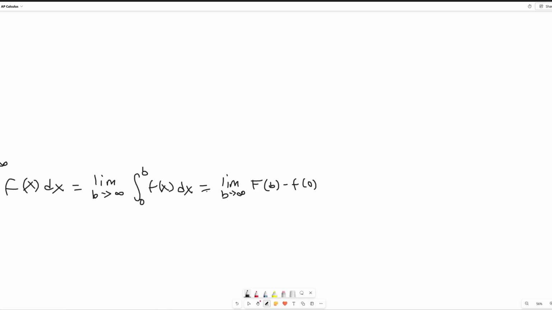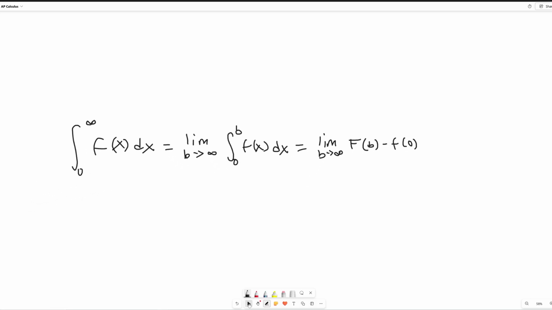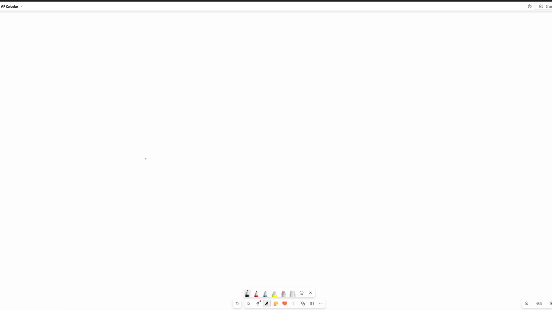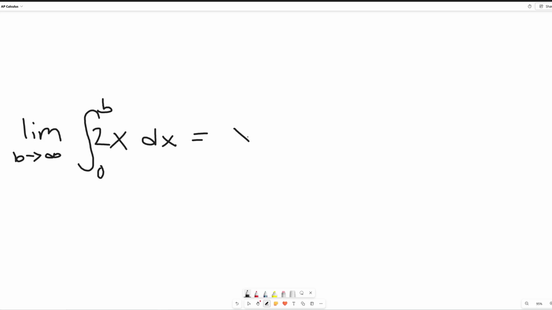So, how do you solve an integral at infinity? Let's take something simple. 0 to infinity, or I should be writing limit as b approaches infinity of 0 to b of 2x dx. Then you get x squared. I've got to keep the limit.